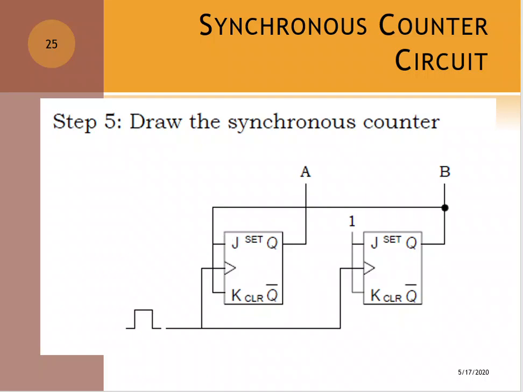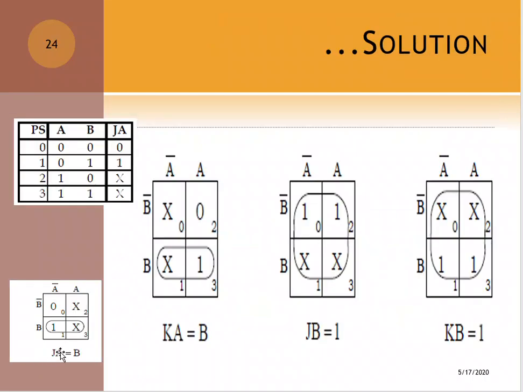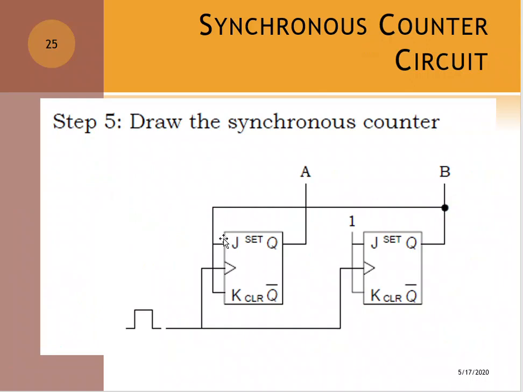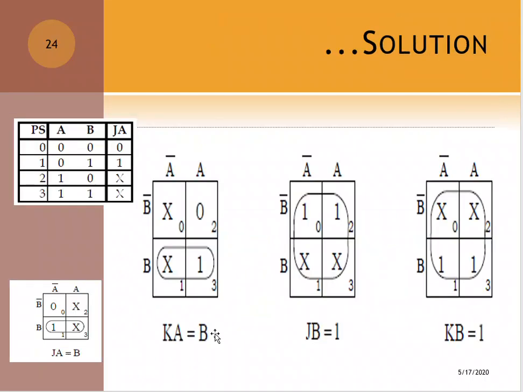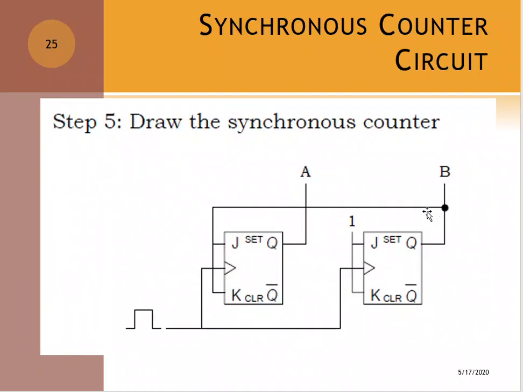And then for JA, the input here is B. So the input for J is B, so drag 1 wire from B into J for the flip-flop of A. And then for KA also, KA equals B, so drag another wire here, go to KA.